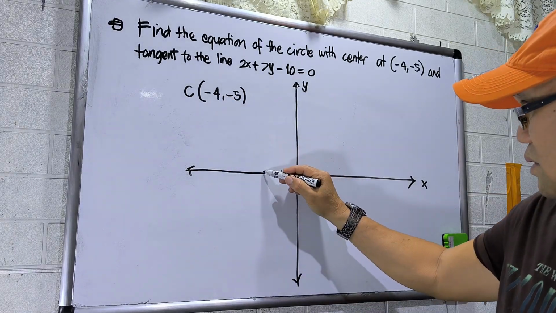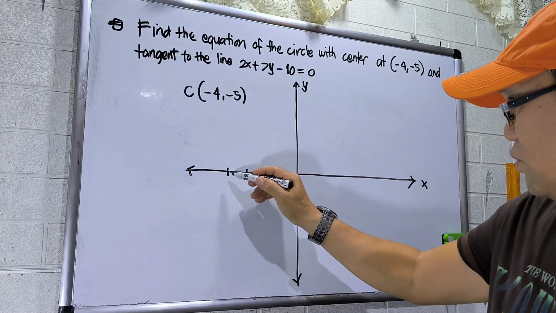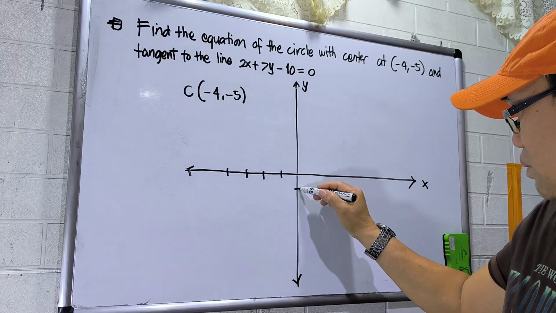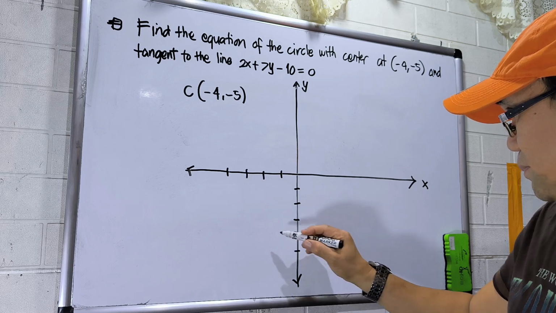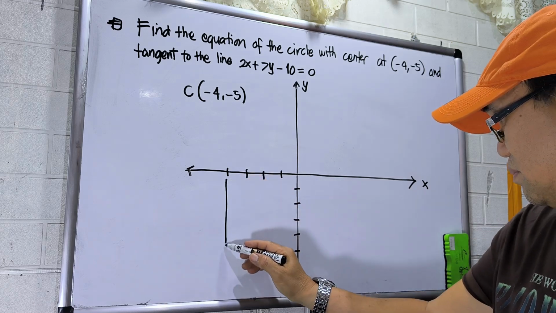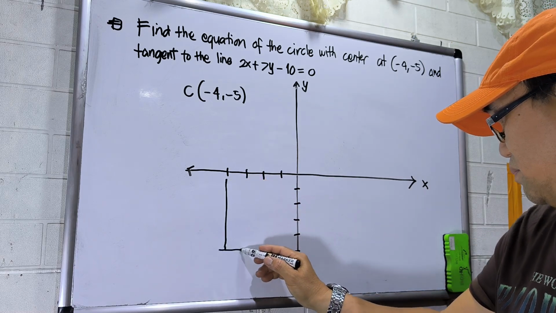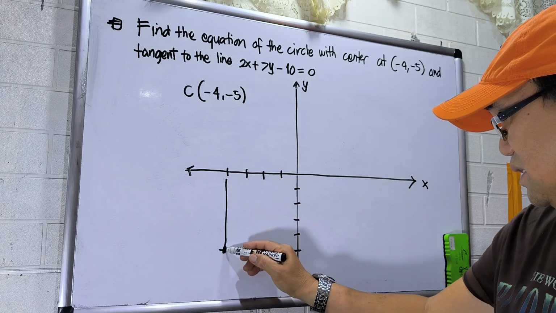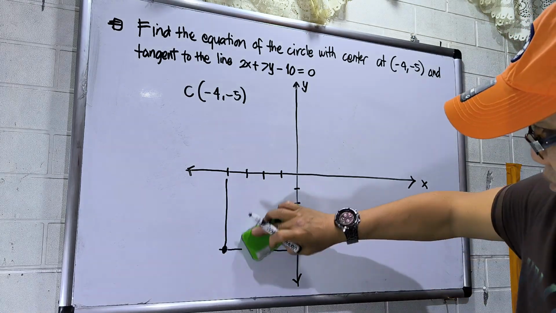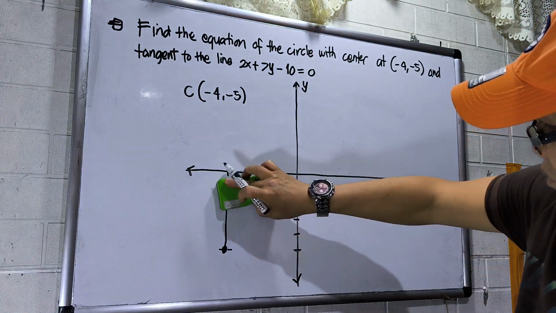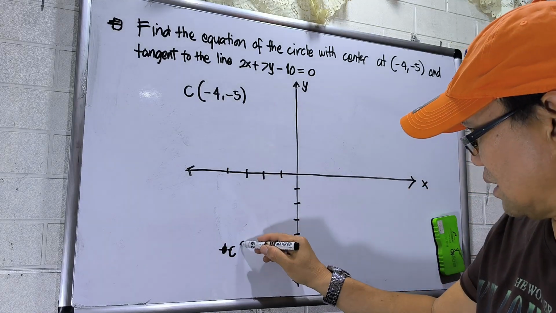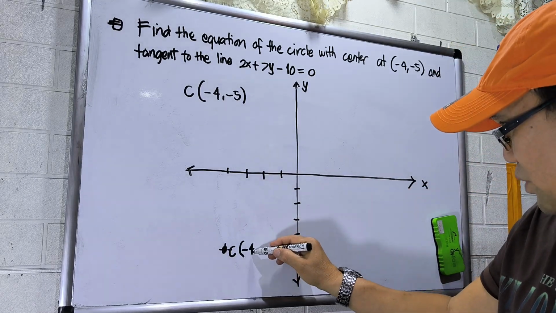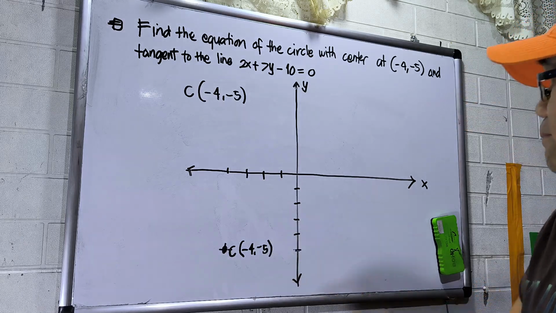So 1, 2, 3, 4, and then 1, 2, 3, 4, 5. The center is at -4 and -5.